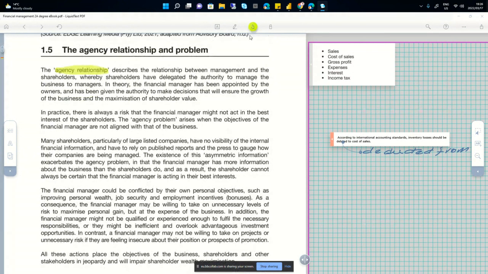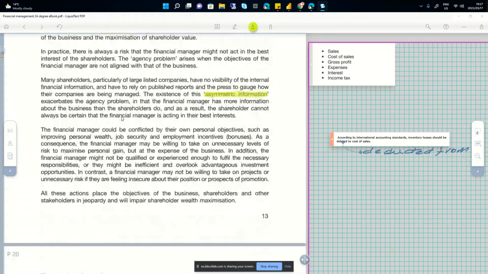As you read, you will see this asymmetric information, quite important. That's where the problem begins: sometimes the managers of the company might not be acting in the best interest of the owners, and in that case, we have a problem.